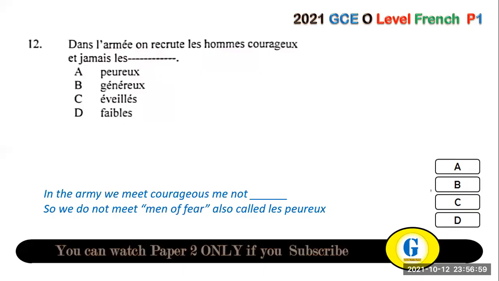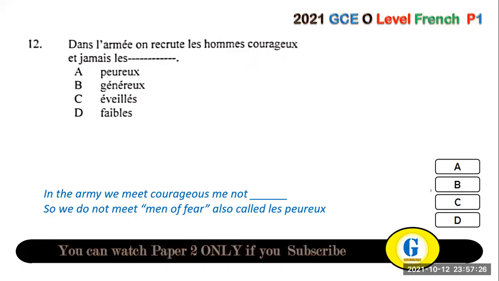Question 12. Dans l'armée, on recrute les hommes courageux et jamais les. So in the army, we recruit what type of men? Courageous men, and never somebody who is not courageous. So somebody who is not courageous, what type of person is that? The person is going to be a fearful person, right? Men of fear.